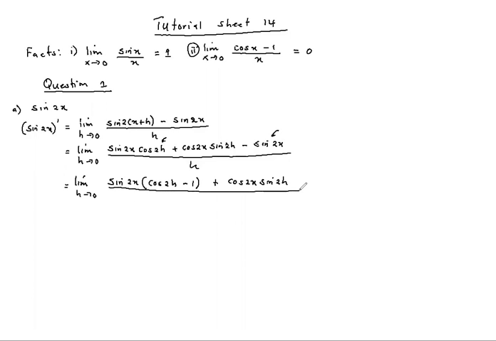Now, if I'm dealing with limits, remember, if you have the limit as x goes to 2 of 3x plus x squared, you can choose to write this as the limit as x goes to 2 of 3x plus the limit as x goes to 2 of x squared.